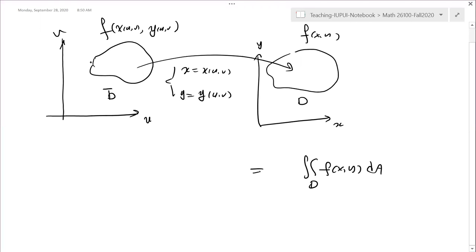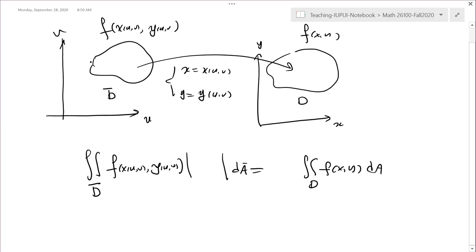And it can be translated to a double integral over D bar, and this function now is a function of U and V. But there should be something additional here. That additional stuff I want to talk about.